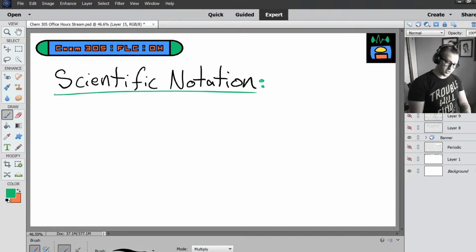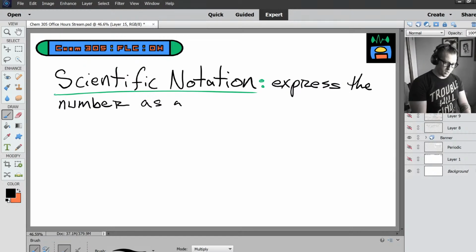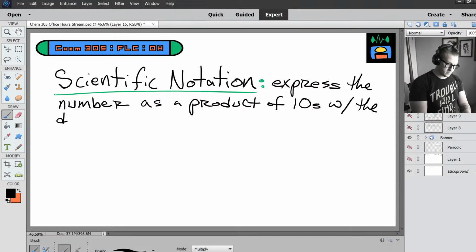In scientific notation, we express the number as a product of tens with the decimal behind the first non-zero digit.